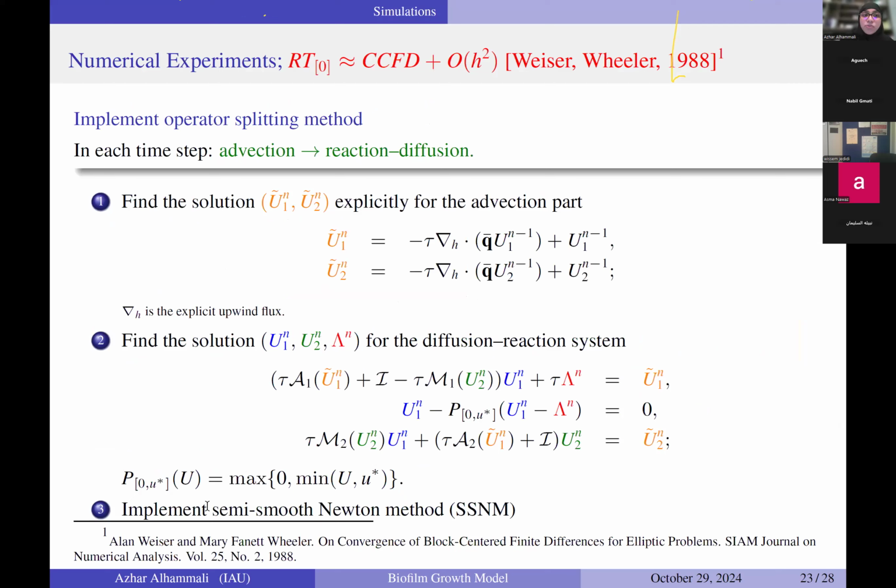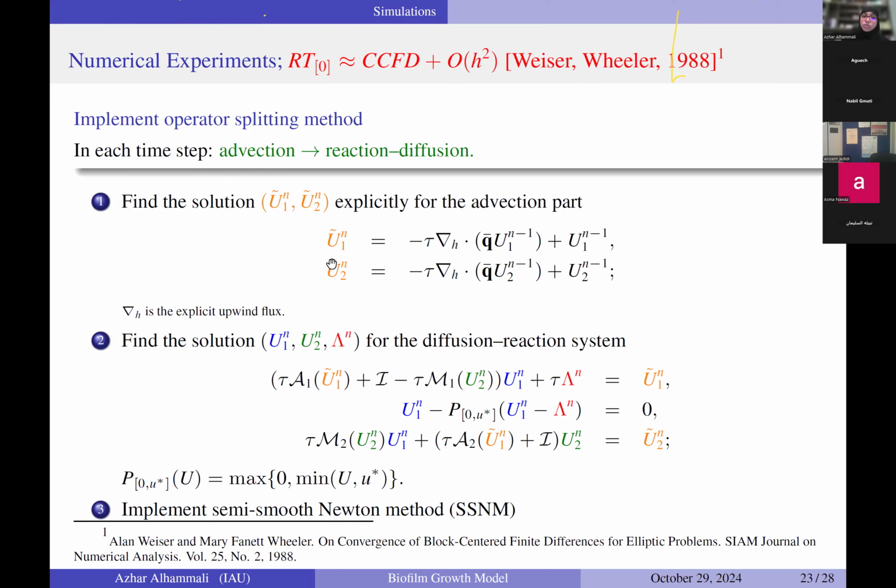And now it's time for the numerical experiments. Here we implemented the cell-centered finite difference method because it's easier to implement, and it's also equivalent to the lowest order Raviart-Thomas element based on rectangles, up to quadrature order, based on this theorem. And also we implemented the operator splitting method. At each time step, we first solve the advection part explicitly.